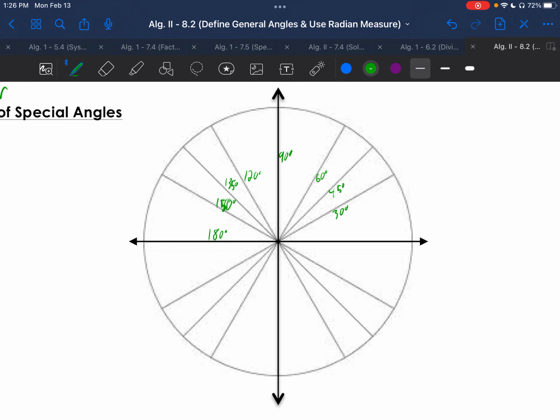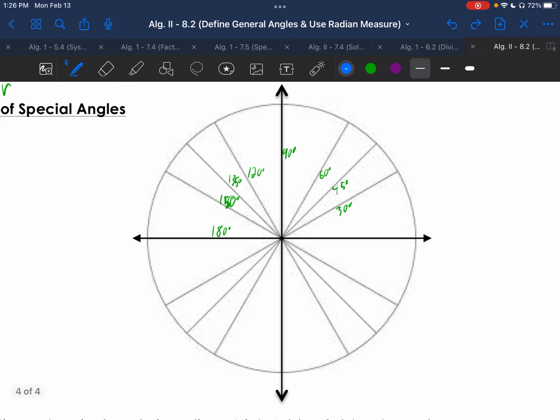180 degrees. You might notice that the first and third lines each time go by 30s. So we're going 30, 60, 90, 120, 150, 180. And the middle lines each time are going by 45s. 45, 90, 135, 180. And that's going to continue the pattern all the way around. So I'd encourage you to go ahead and fill out the others.